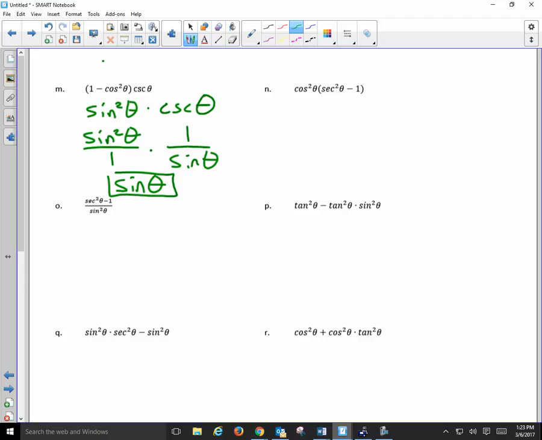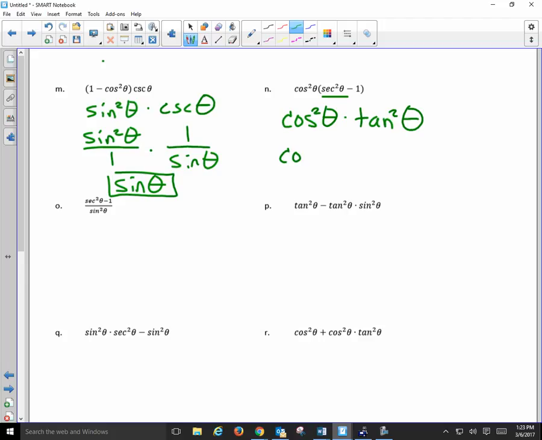Done. Letter N, secant squared minus 1. Is that something special? Tangent squared, yeah. So this simplifies to cosine squared times secant squared minus 1 is tangent squared of theta. Again, on Friday, we learned how to simplify that.